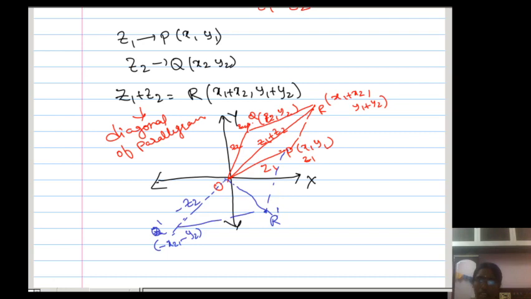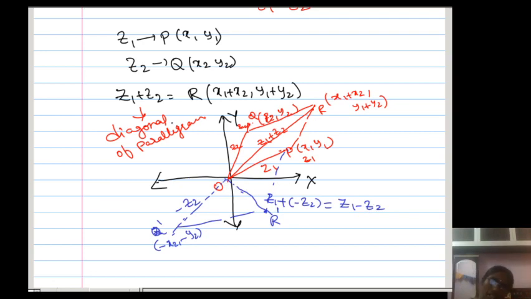Now tell me, this R dash represents the addition of these two. Here one is minus z2, here z1. So it is represented as z1 plus minus z2, which is nothing but z1 minus z2. So the difference of the two complex numbers is represented like this. It is in which quadrant? Fourth quadrant.